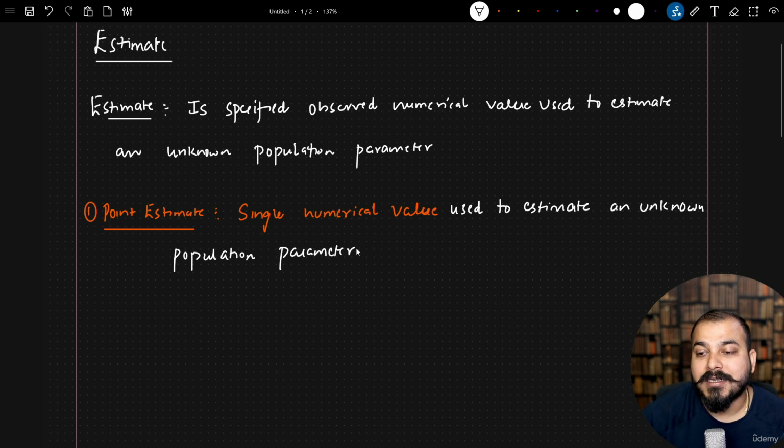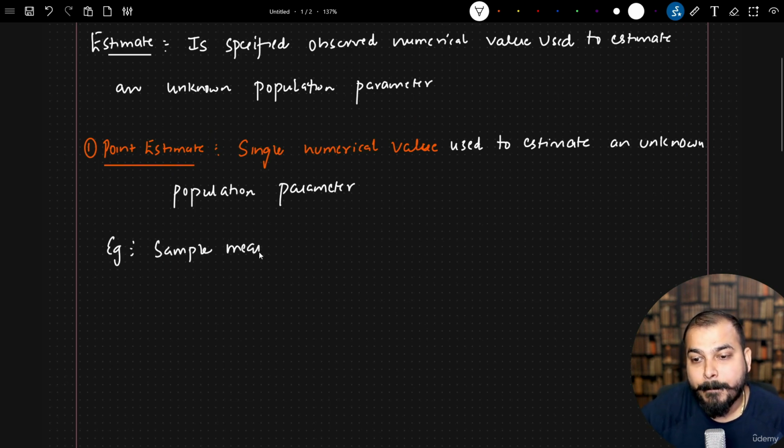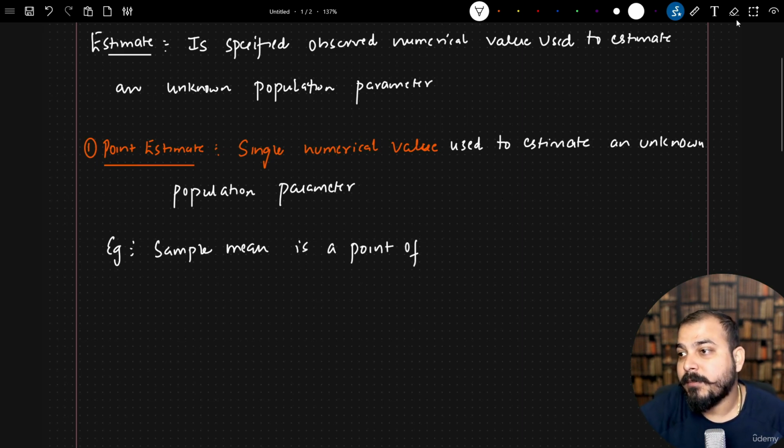Now let's discuss this with an example. What exactly is a point estimate? One example can be a sample mean. Sample mean is a point estimate of population mean.